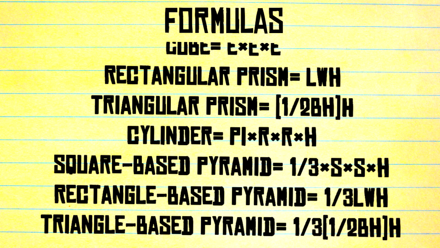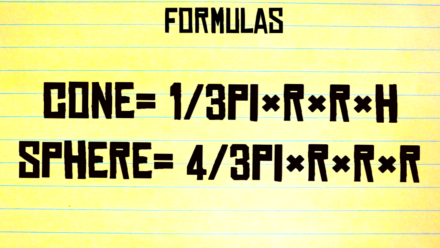Square base pyramids, 1/3 s squared times height. Rectangular base pyramids, 1/3 times length times width times height. Triangle base pyramids, 1/3 times 1/2 times base times height. Cone, 1/3 pi r squared times height. Sphere, 4/3 pi r cubed.